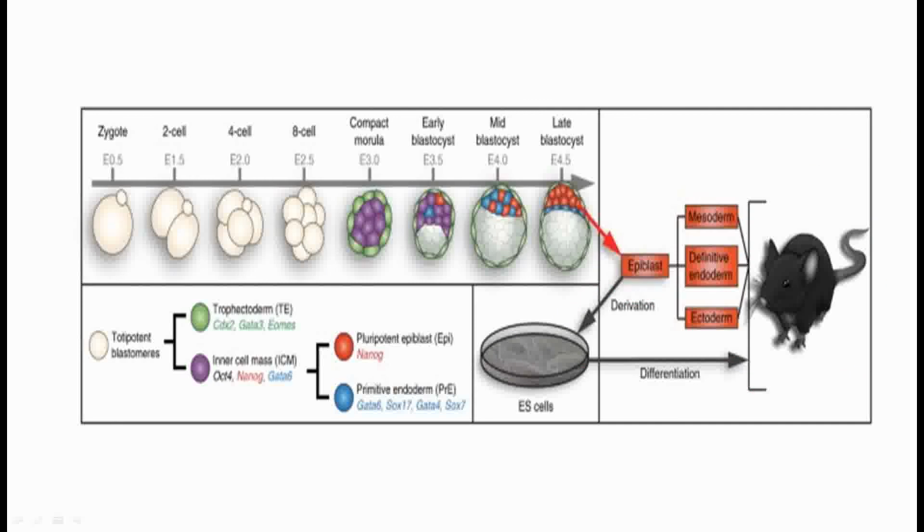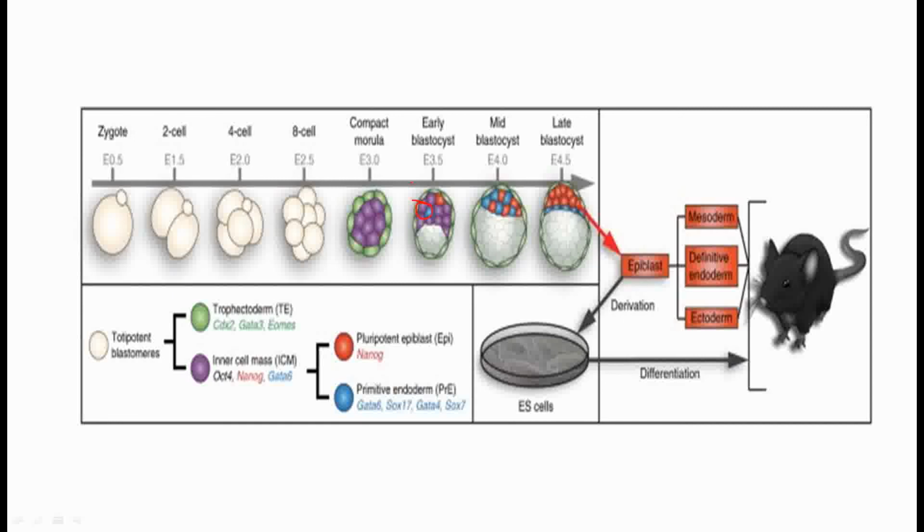If we talk about totipotent blastomere, this is the blastocyst stage. Blastocyst is made up of these small cells. These cells are known as blastomeres. So this blastomere is totipotent.